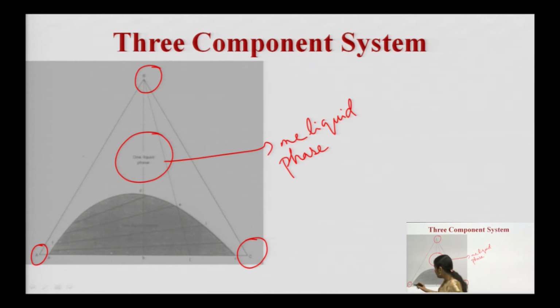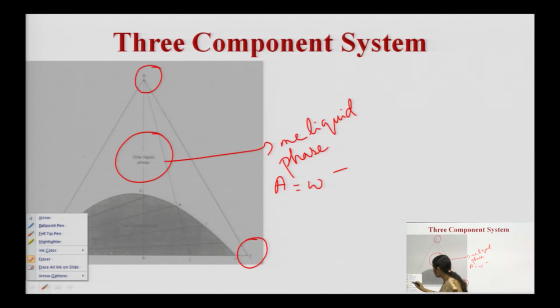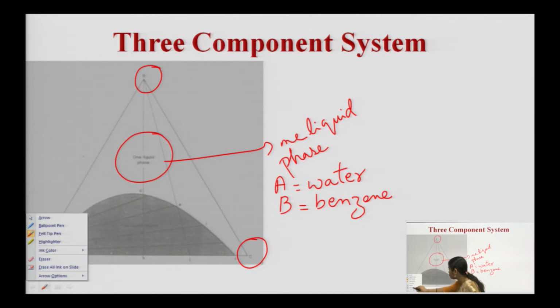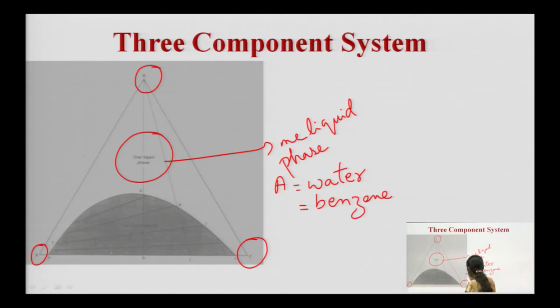Suppose A is water, and C is benzene, and B is ethyl alcohol.